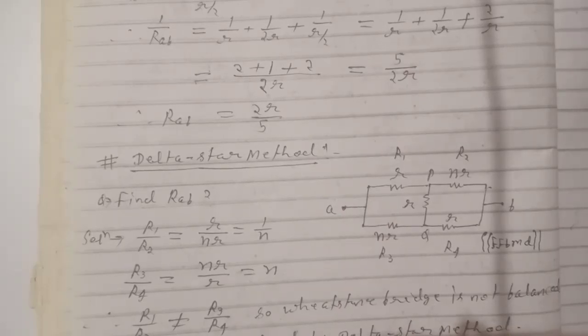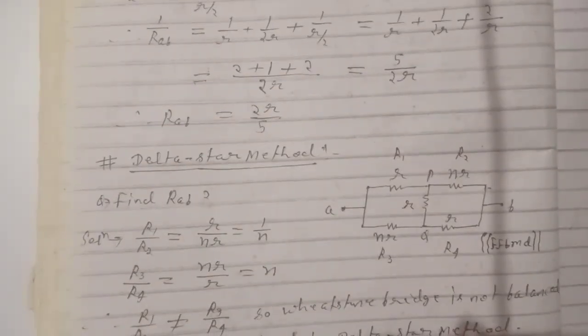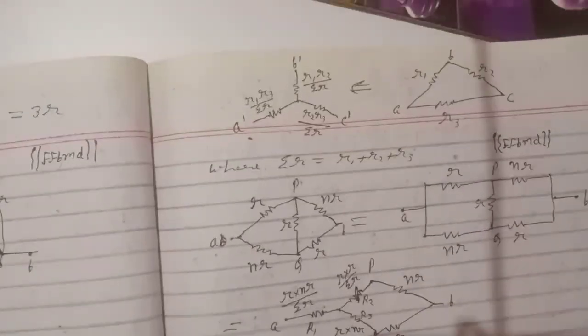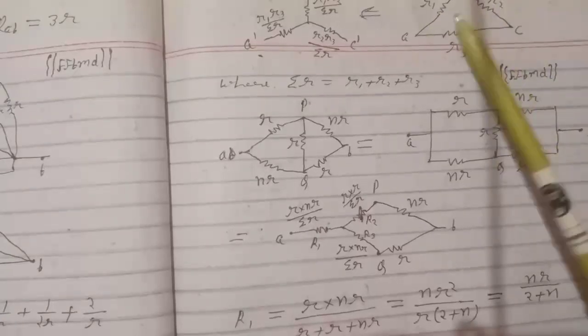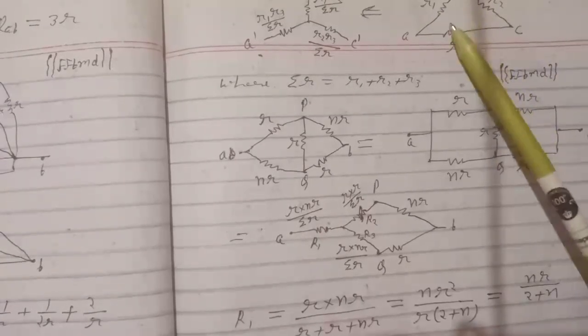Now we will discuss the delta star method: which type of circuitry is called delta circuitry, and how it is transformed into a star circuitry. For example, here in this case, this represents a delta circuit.